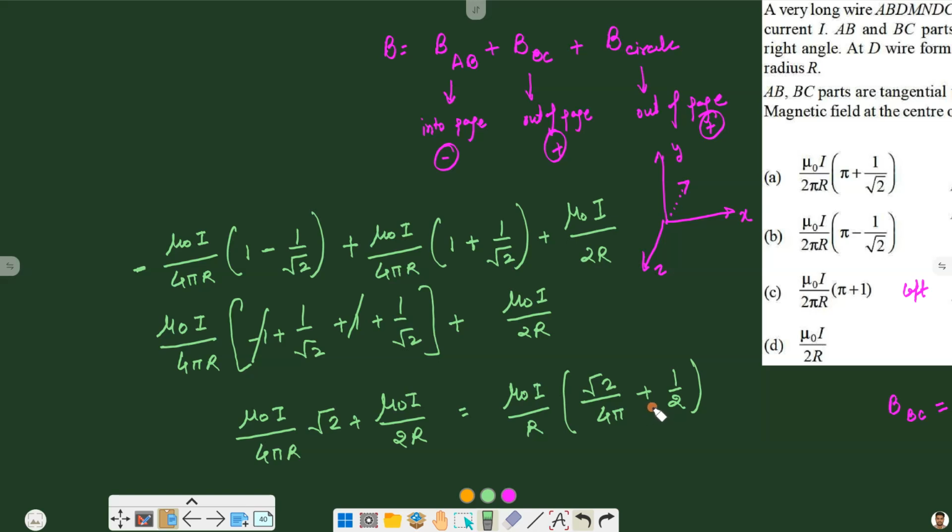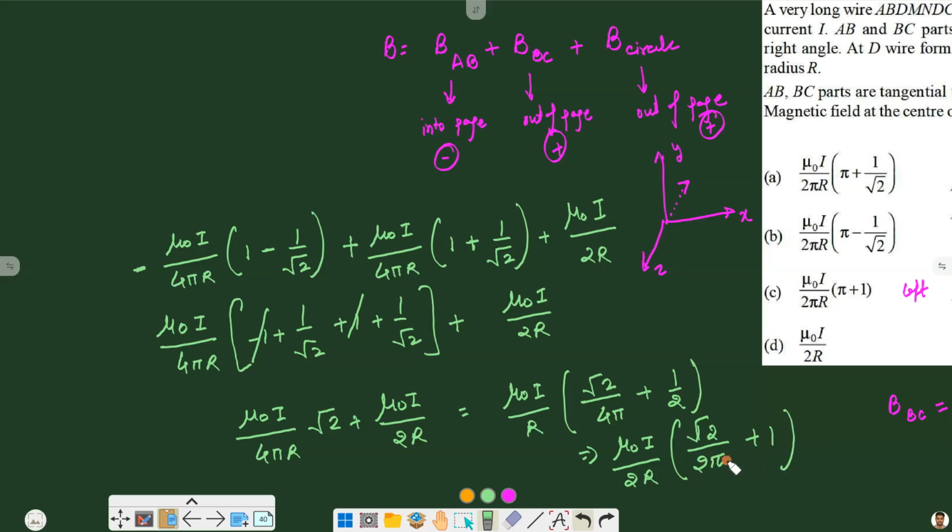We can also take this half common, and then we will be left with mu node I by 2R, and here we will have 1 by, we can say, root 2 by 2 pi plus 1.